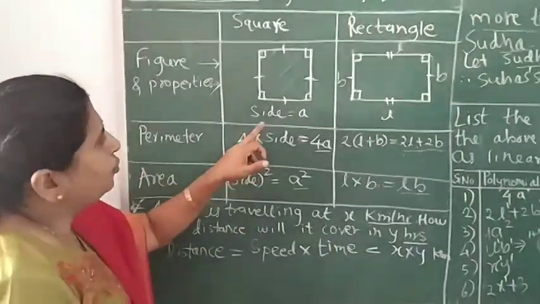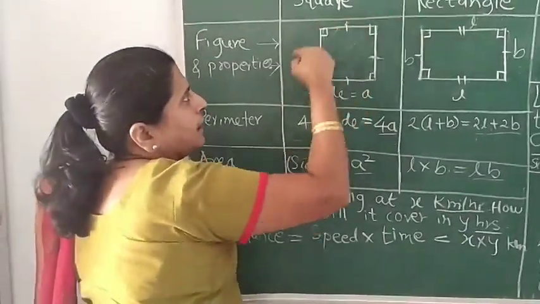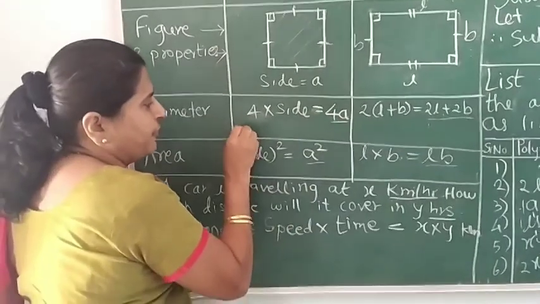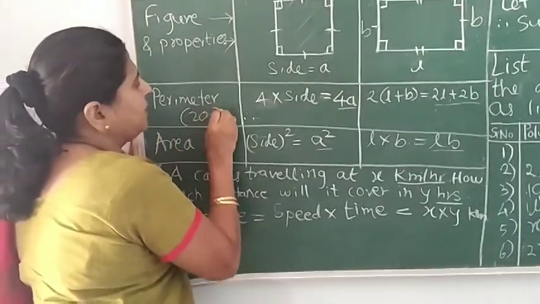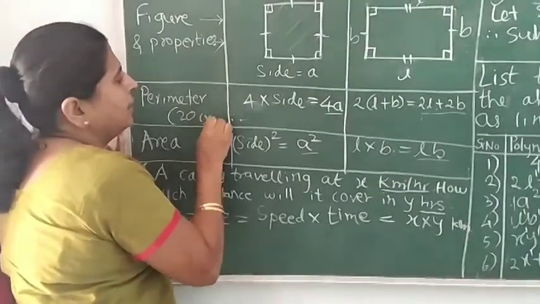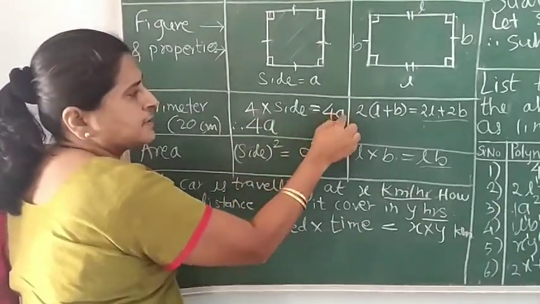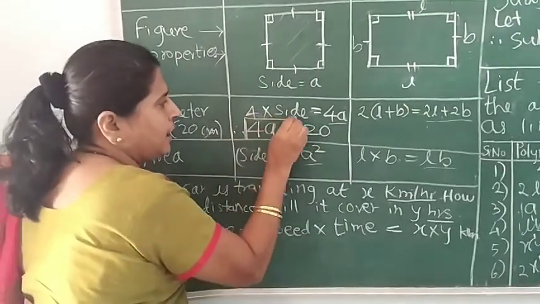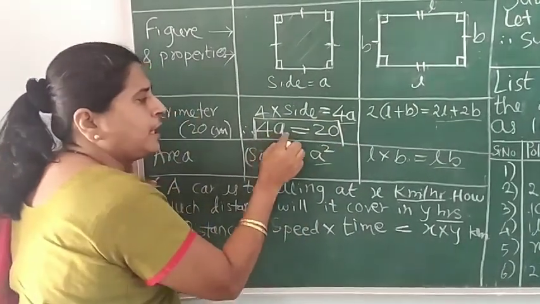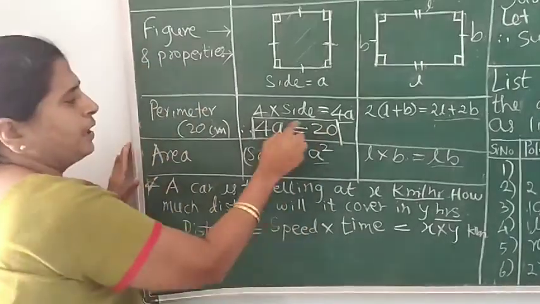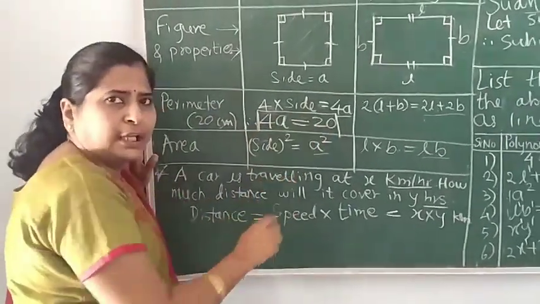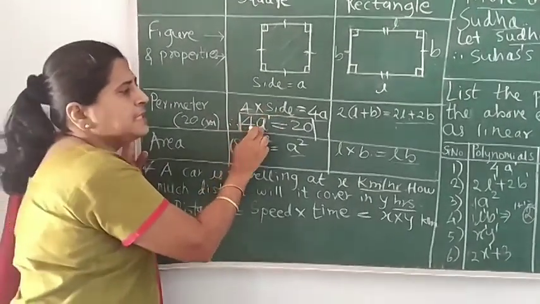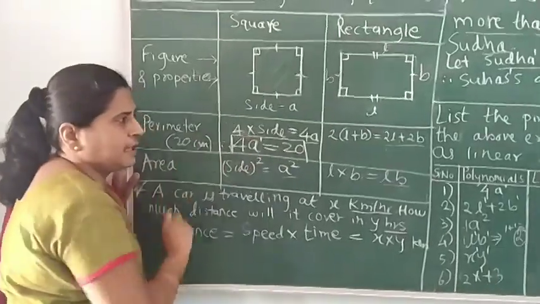Say I am telling you that the perimeter of this square is 20 centimeters. Then we can write that 4a, this polynomial, is equal to 20. When I equate this monomial to a certain value, we get an equation. And as this one is a linear polynomial, we get a linear equation.